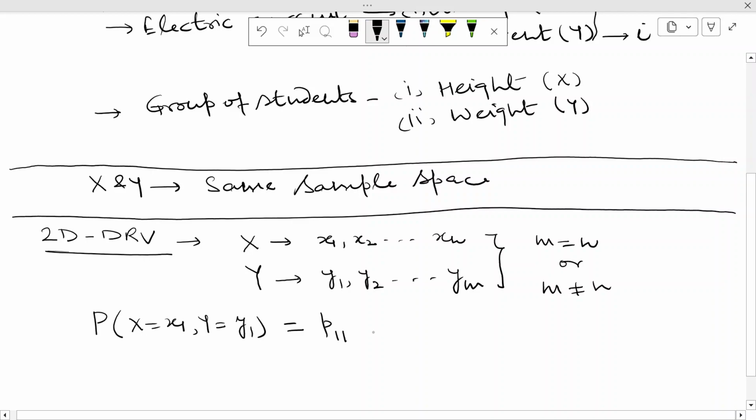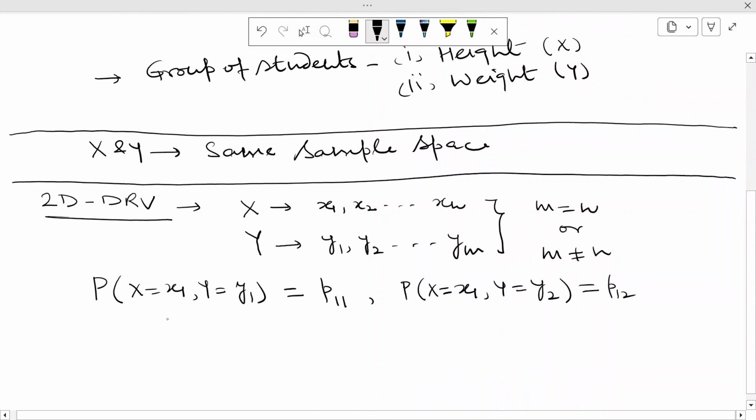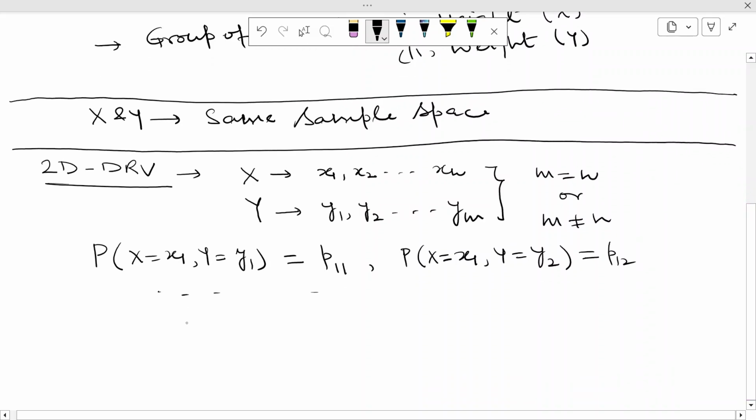This is just notation. Similarly, the probability for the case when X takes the value x1 and Y takes the value y2 is p12. In this way you can define these probabilities.